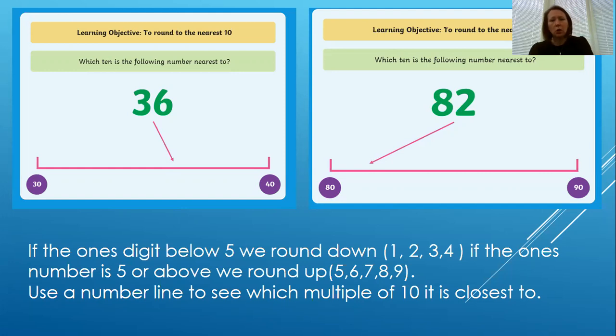So 82 on the number line will be nearer 80, so we round down. If the number is 5 or above, then we round up. 5, 6, 7, 8, and 9. So as you can see, 36 is closer to 40 than it is to 30. So it would round up to 40.